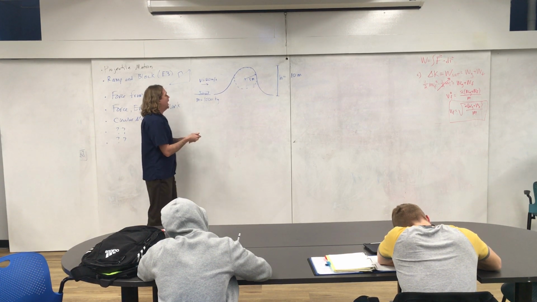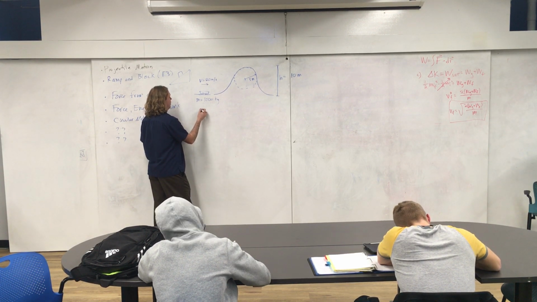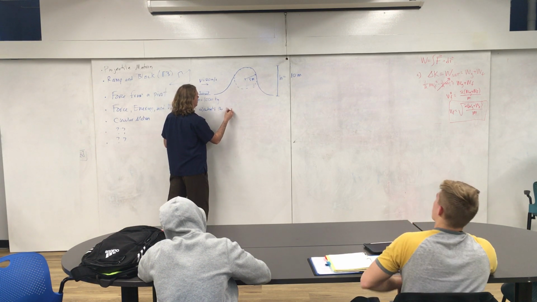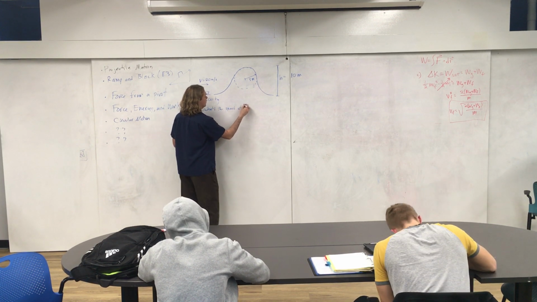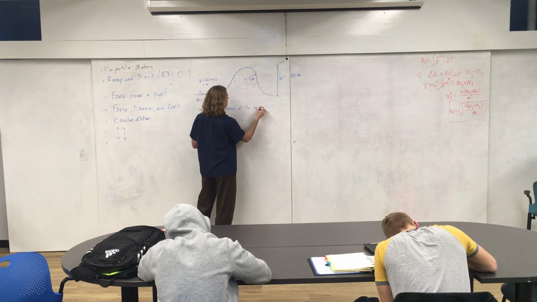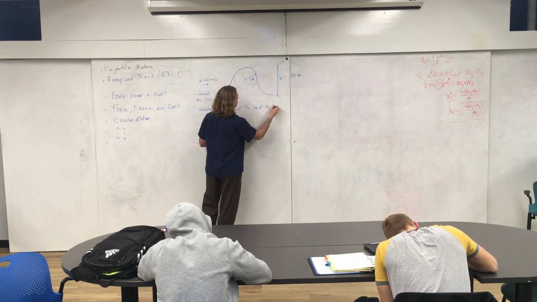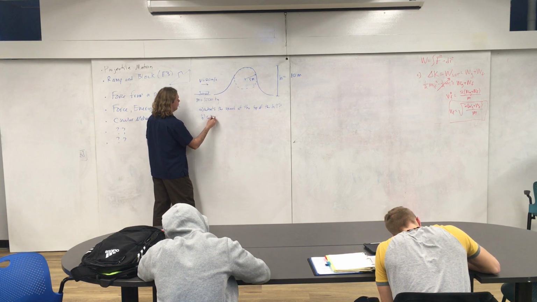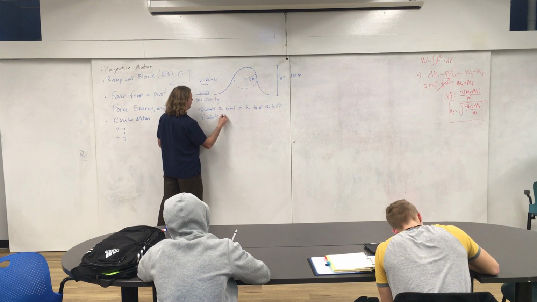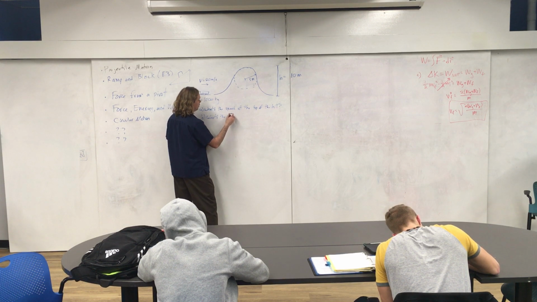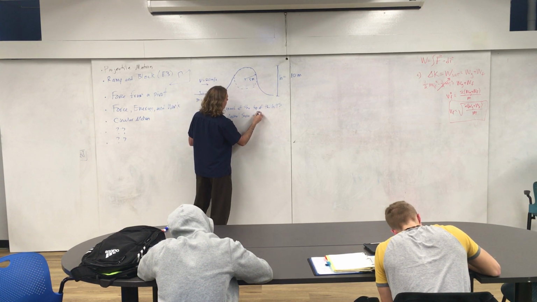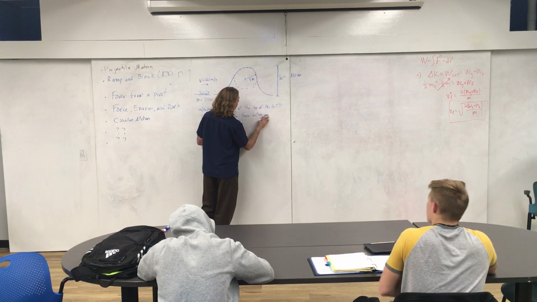So when I ask problems like this, it's usually A, what's the speed at the top of the hill? And then B, what's the normal force acting on the car?